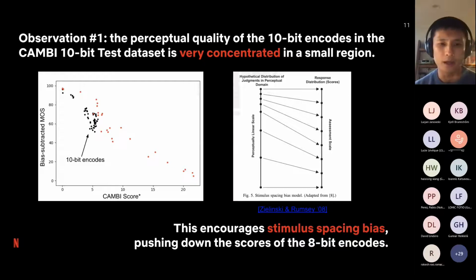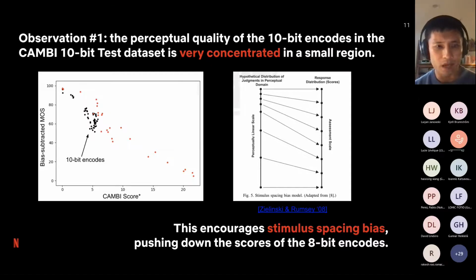That's typically the reason why in subjective testing we need to ensure a perceptually uniform distribution across the stimuli set. The stimulus spacing bias is basically when viewers evaluating the quality of the stimuli try to map more uniformly. If the set is not uniform to begin with, they try to use the scale to its full extent and distribute the scores more uniformly.